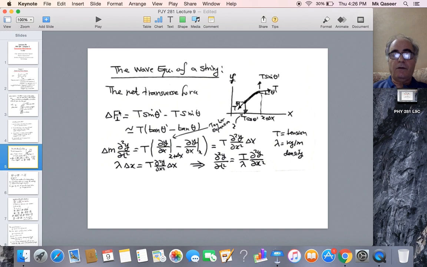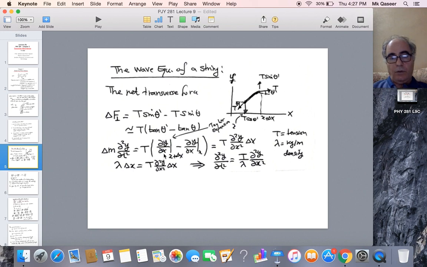Now for the right hand side, we write the mass of this portion, which is delta m, times the acceleration, which is d2y by dt squared. The mass can be written as lambda delta x.